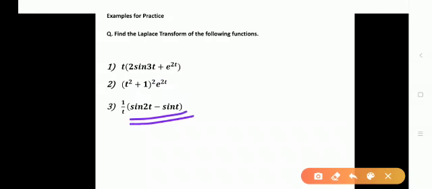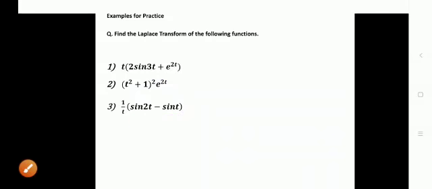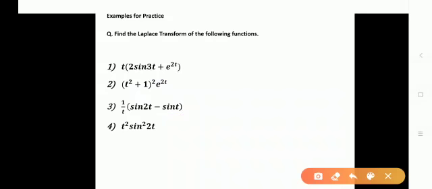First find the Laplace transform of these two terms and then apply the division by t property. T square sin square 2t. Again the same concept. First write sin square theta equal to 1 minus cos 2 theta whole divided by 2 with theta equal to 2t. Find its Laplace transform. Then apply the multiplication by t property 2 times. That is, you have to take the derivative 2 times.